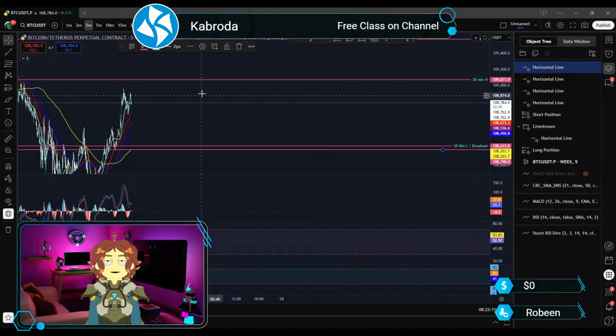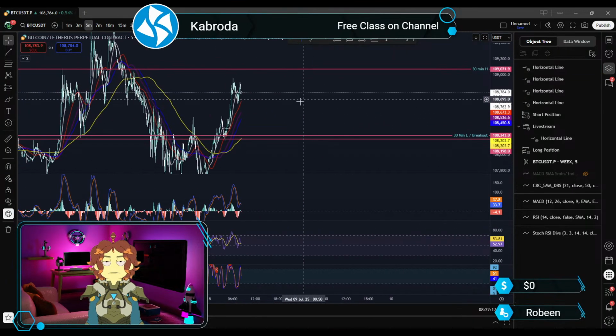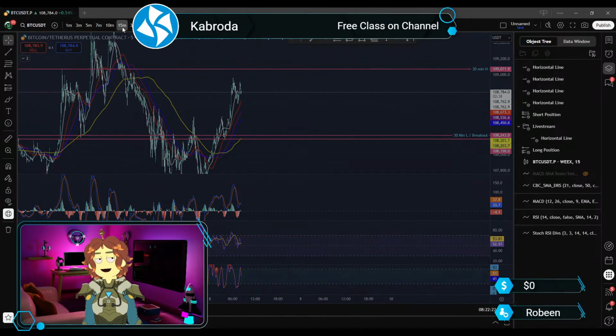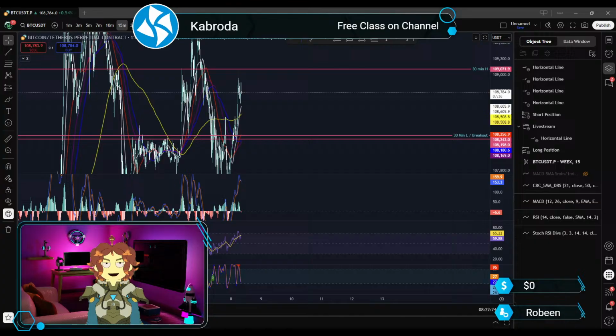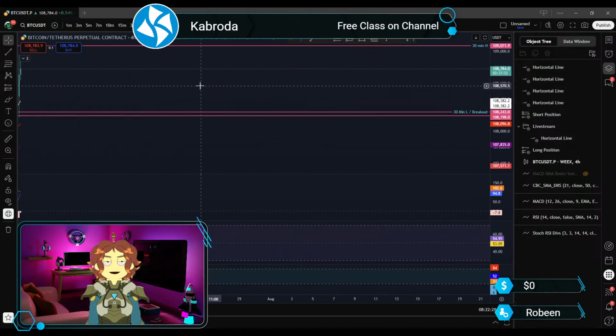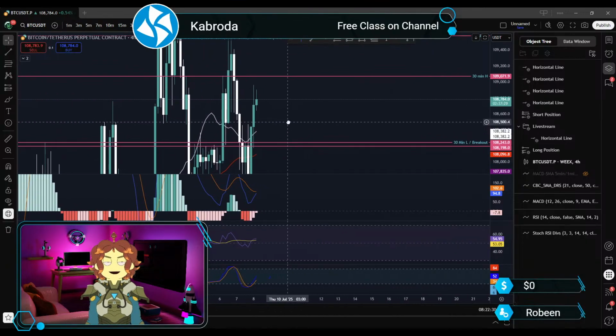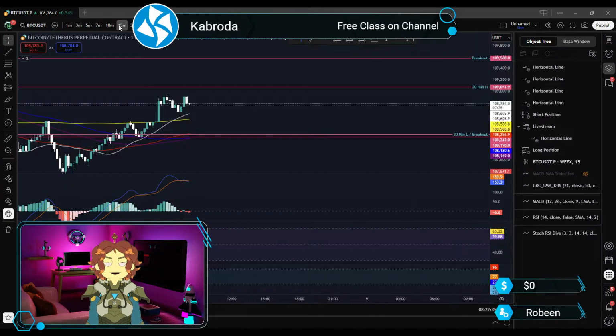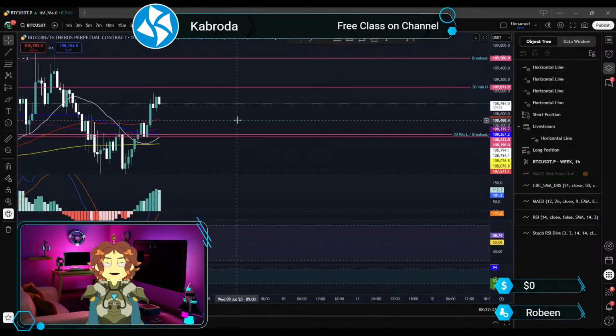Maybe a wick down, hit the support, and go back up. It also aligns perfectly with the 5-minute 200, which is not a huge turning point there, but it's something to look out for all the time. It doesn't look like any of the other time frames have a nice moving average that really lines up with that.